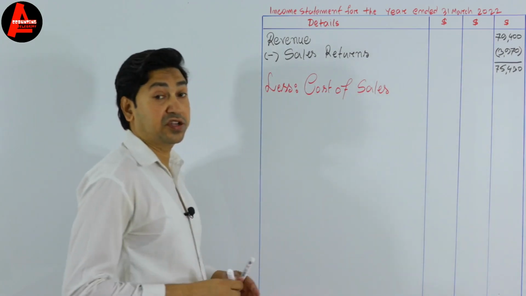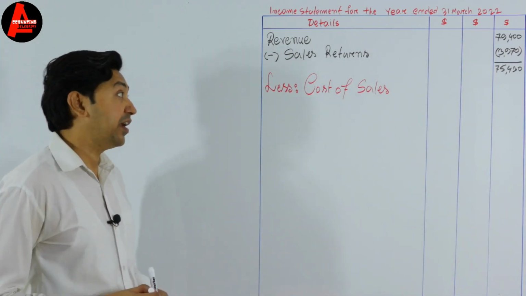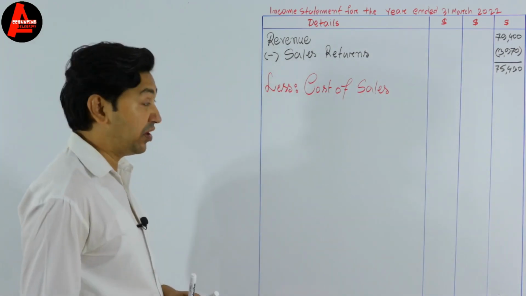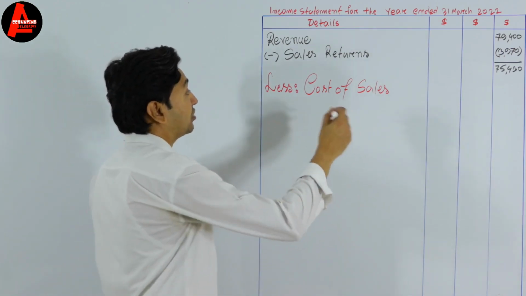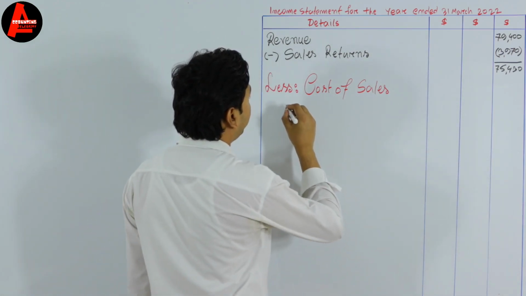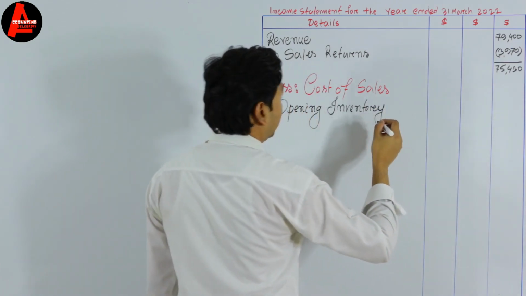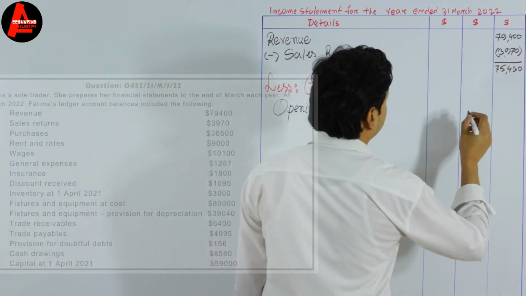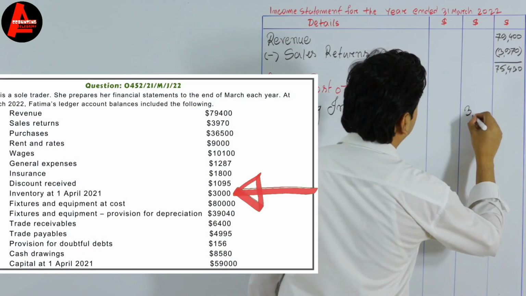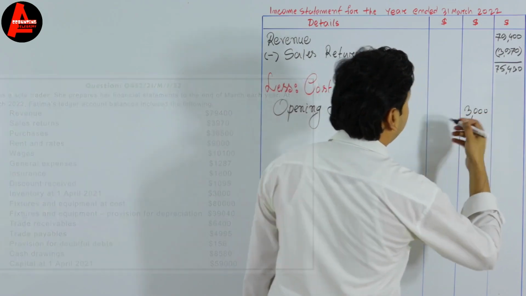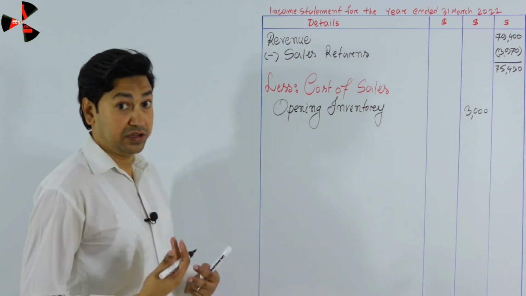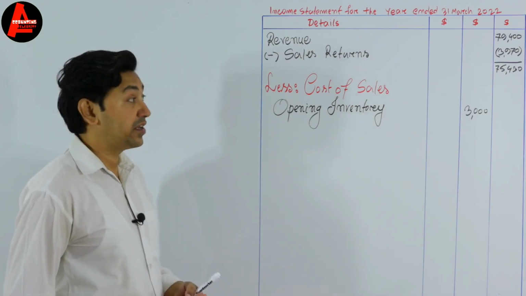First of all we will write opening inventory. Opening inventory will be given in the question. So let us write here opening inventory, $3,000. We will write it in the middle column. So here we have 3 columns. This is just to facilitate our calculation.